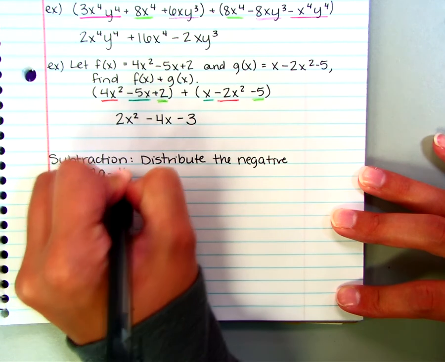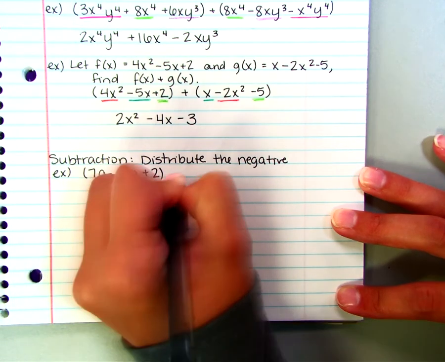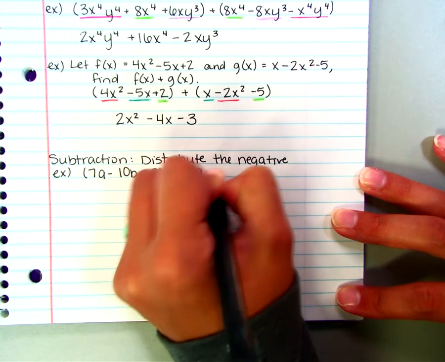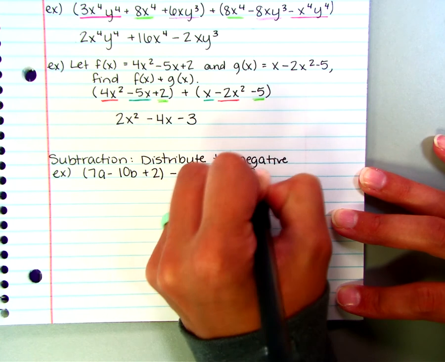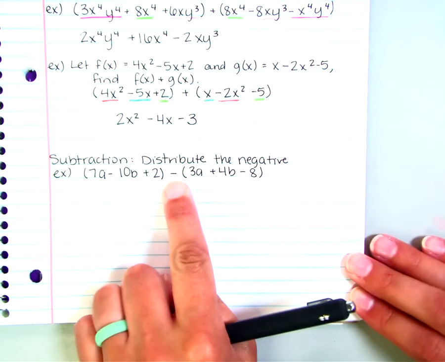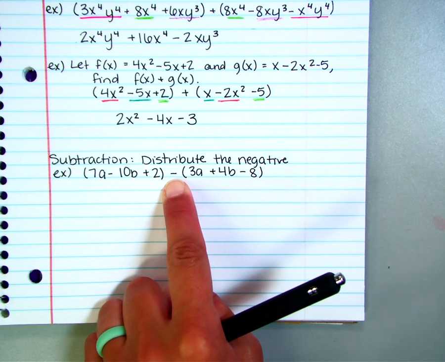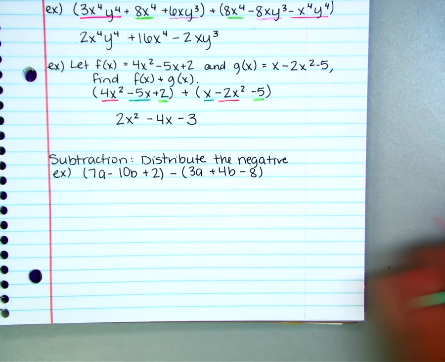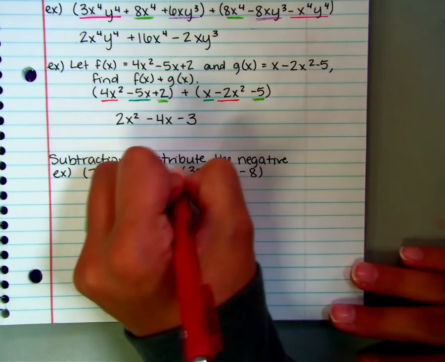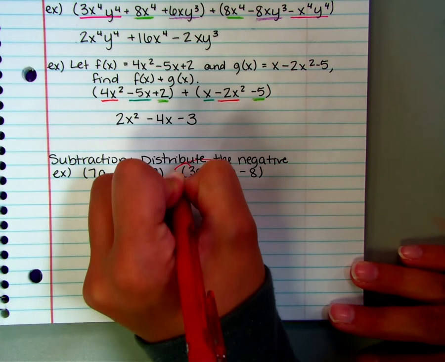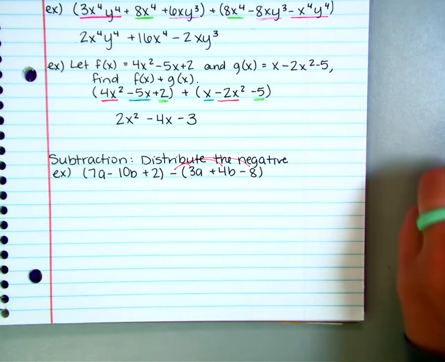7a minus 10b plus 2 minus 3a plus 4b minus 8. And so you'll notice the operation is subtraction now. And so we are going to distribute the negative into the polynomial immediately after. So we're going to make this 3a negative, this 4b negative, and that negative 8 negative.